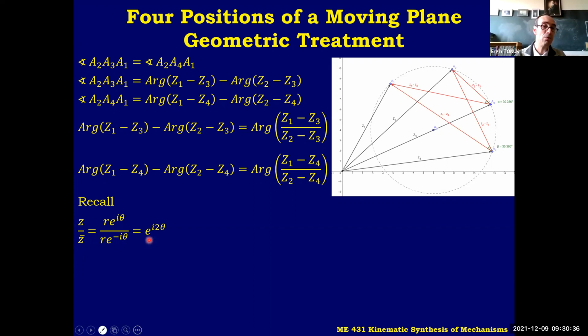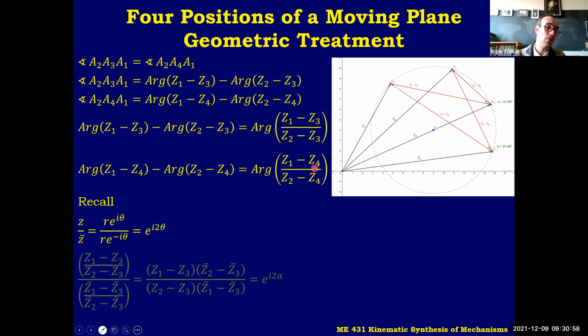This becomes e to the I 2 theta. So what I'm going to do is I will take the ratio of this to its complex conjugate, and I will apply the same to this as well.